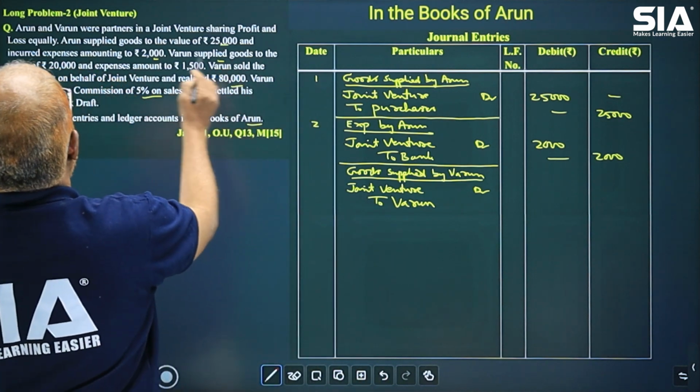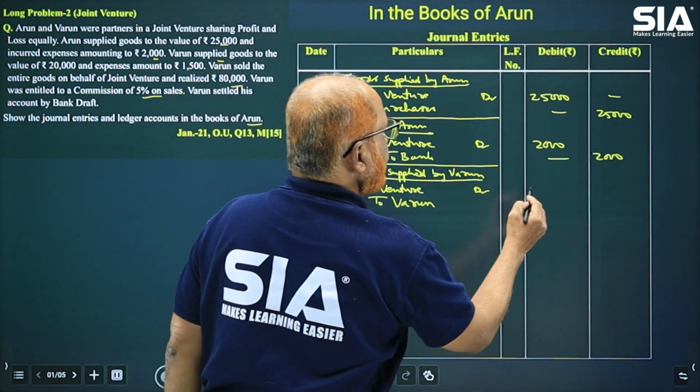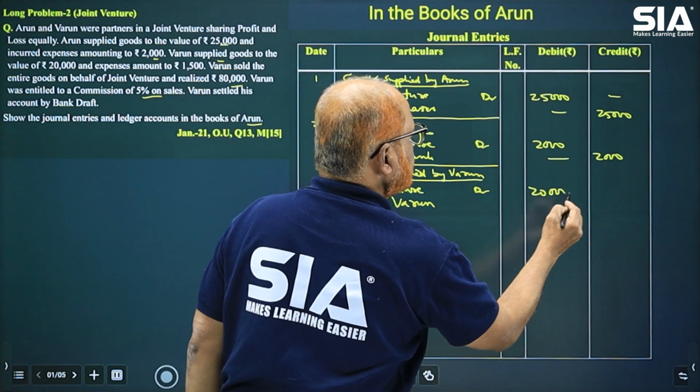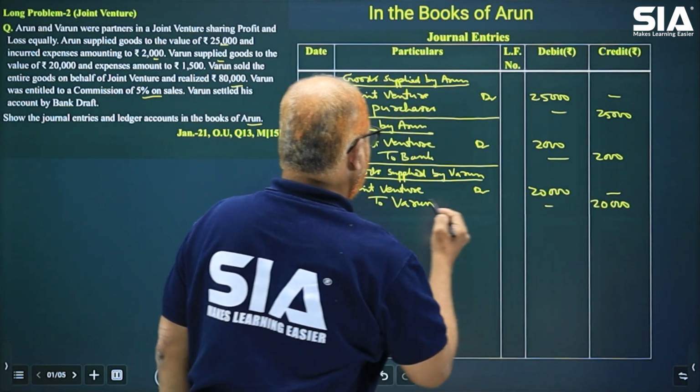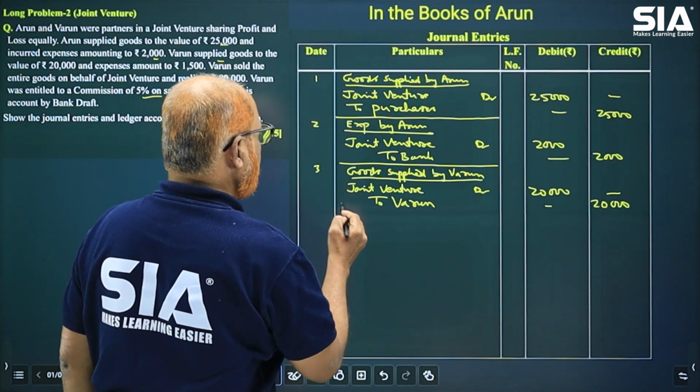How much? 20,000 worth of goods supplied by Varun. This is the third entry.